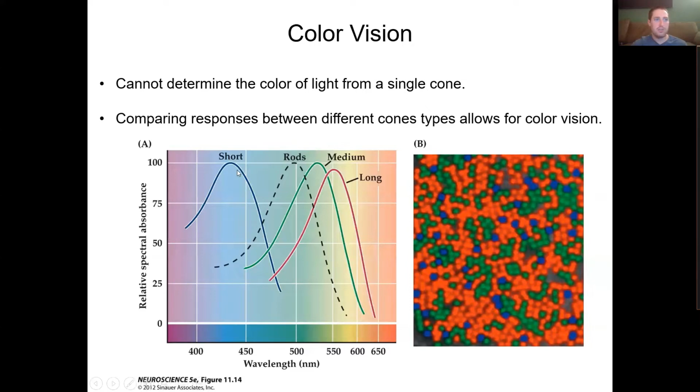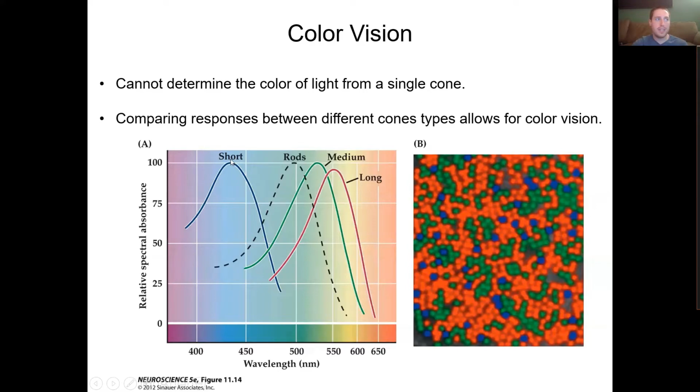If you were recording from a single short wavelength cone, one of these blue guys, and you shone a light on it and it had a certain graded potential change, you wouldn't really know what color it was. Maybe it was a really bright light in this kind of bluish green range, and so it gave you a moderate response.